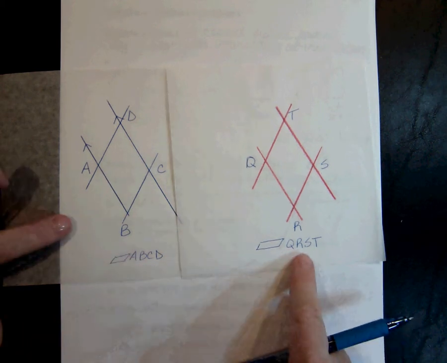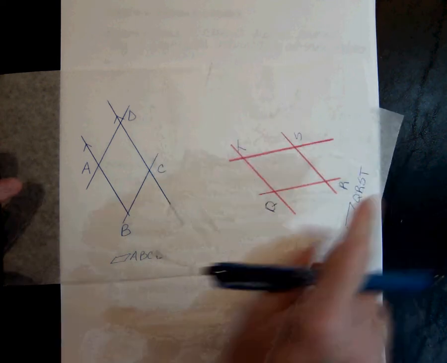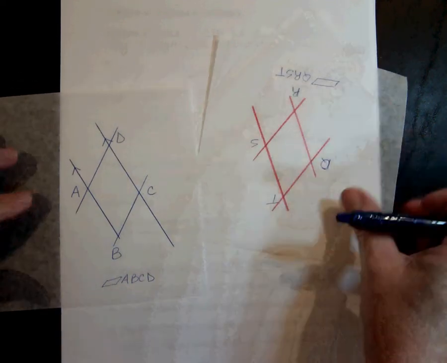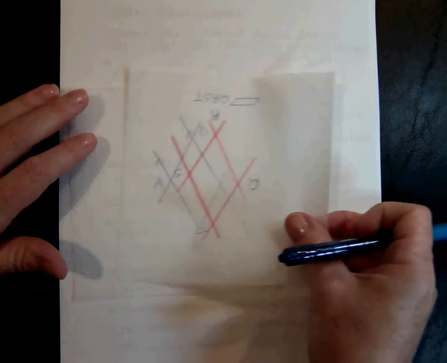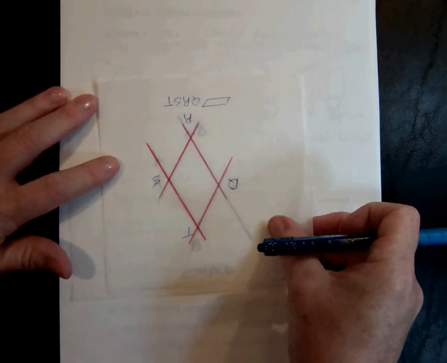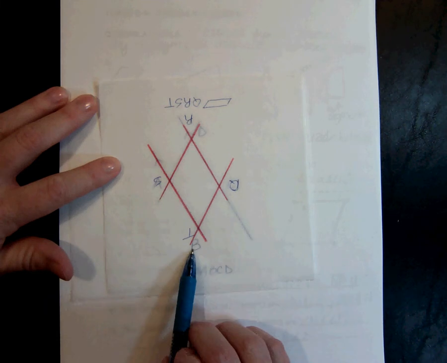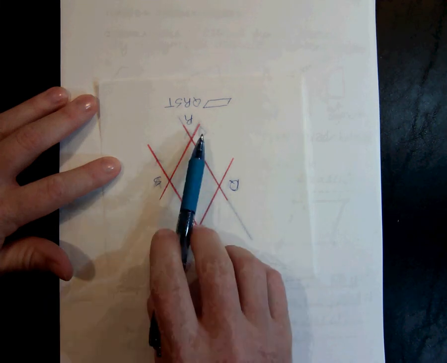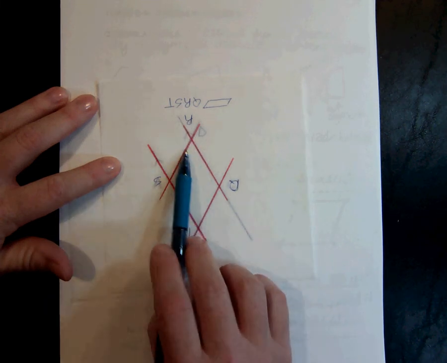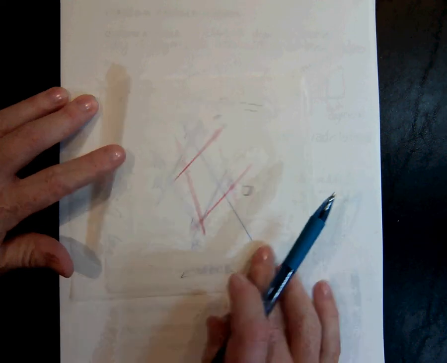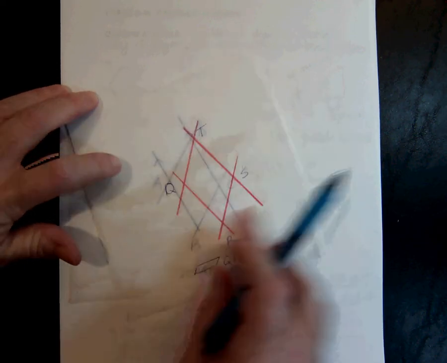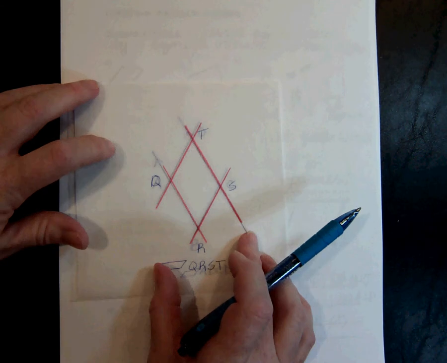All right, we're going to show some relationships between these 2 parallelograms. If I turn this one completely around and lay it on top of this one, notice that B and T are congruent and D and R are congruent. The angles, whether you had it shown this way or turning around, it's congruent.